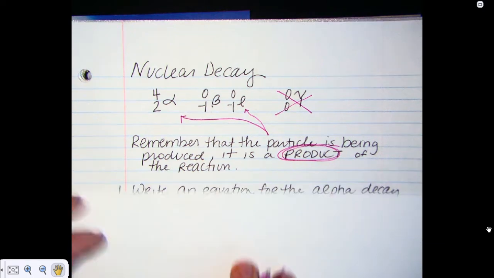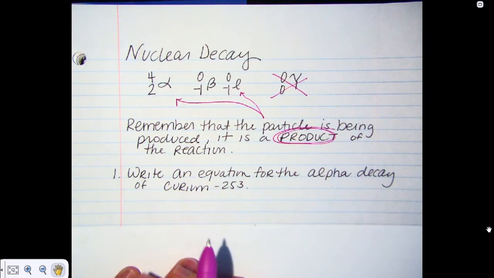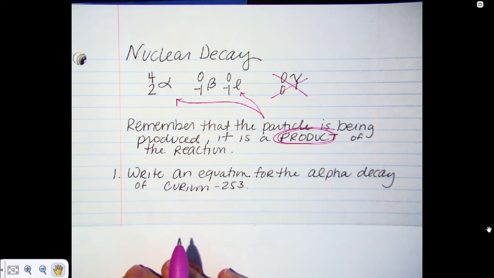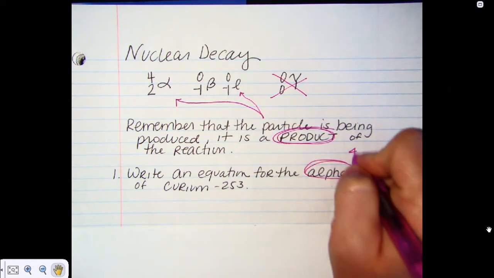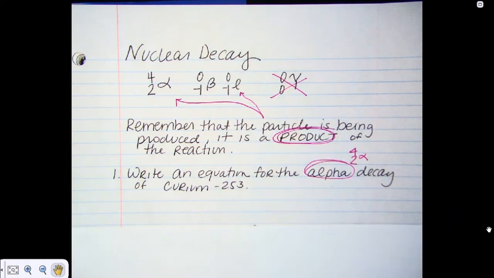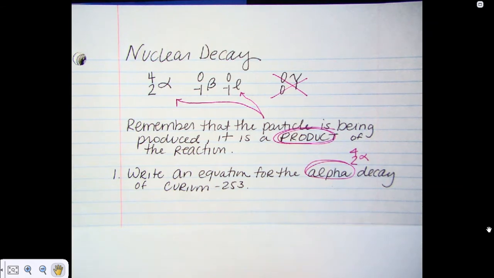So, first one: write an equation for the alpha decay of Curium-235. The first thing you see here is that it's telling you we're doing alpha decay, so 4/2, the little fish, is going to be involved. And it tells me that the particle I'm starting with is an isotope of curium. The only thing I'm missing is I need to find curium and figure out how many protons it has.